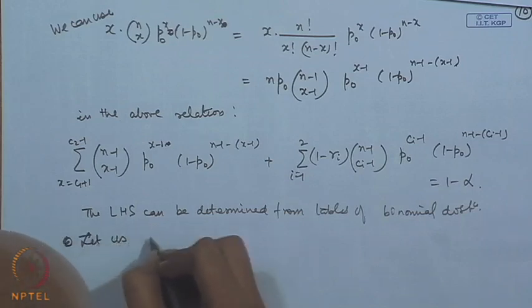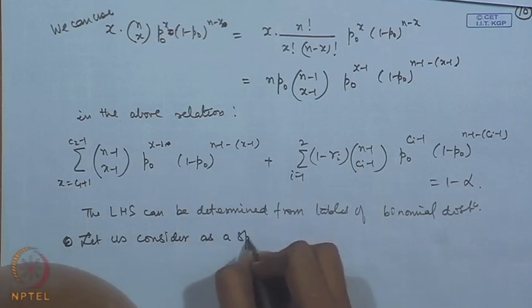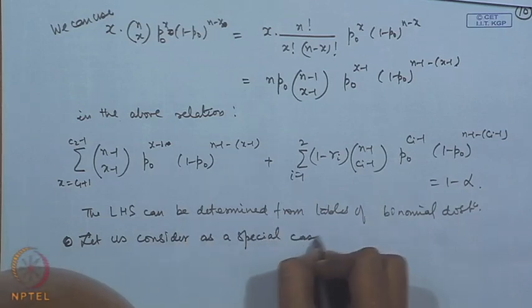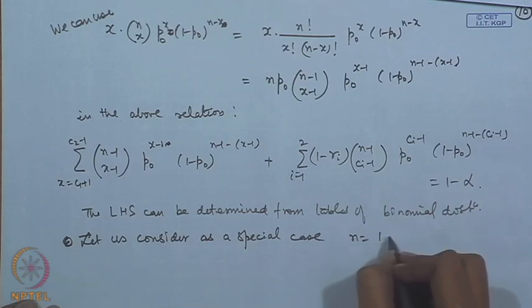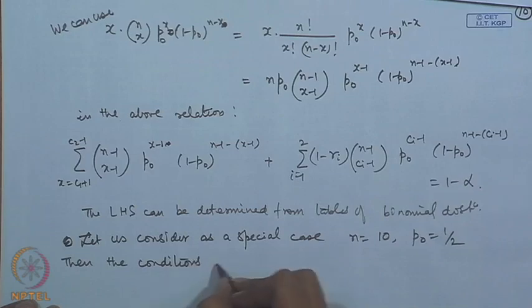Let us consider as a special case, say n is equal to say some value, say 10, and p naught is equal to half. Then what is it reducing to? Then the conditions reduce to, let me write it here one by one.